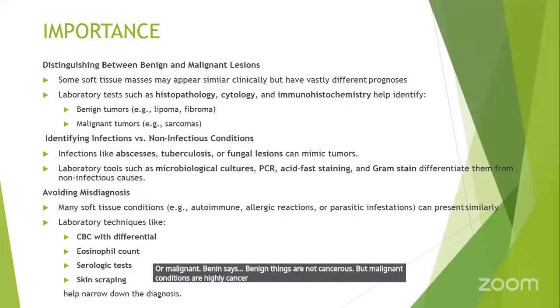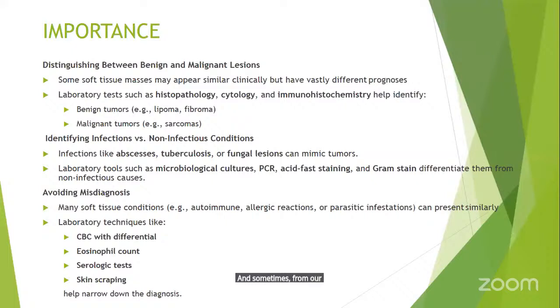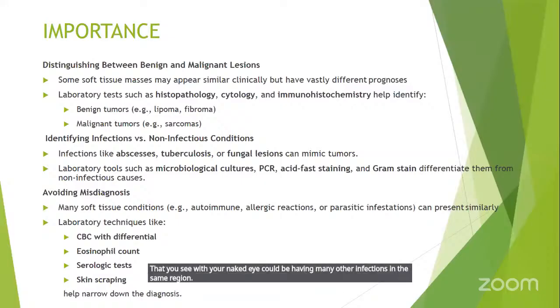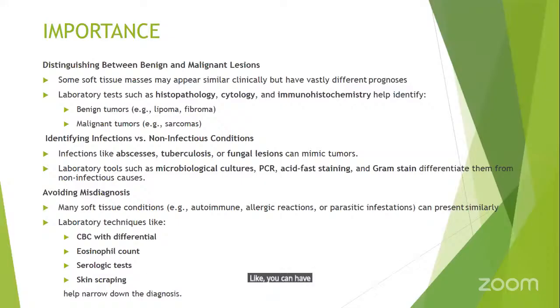So you have to differentiate to see which method you choose. And sometimes from our practices, we have found that a lesion or an infection that you see with your naked eye could be having many other infections in the same lesion. Like you can have 5 different pathogens present in the same lesion. And until you find them, the patient will never recover.